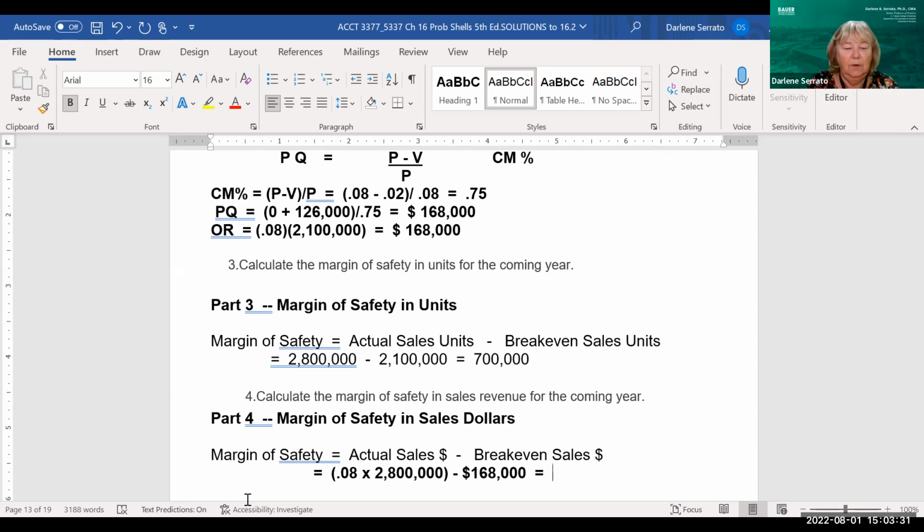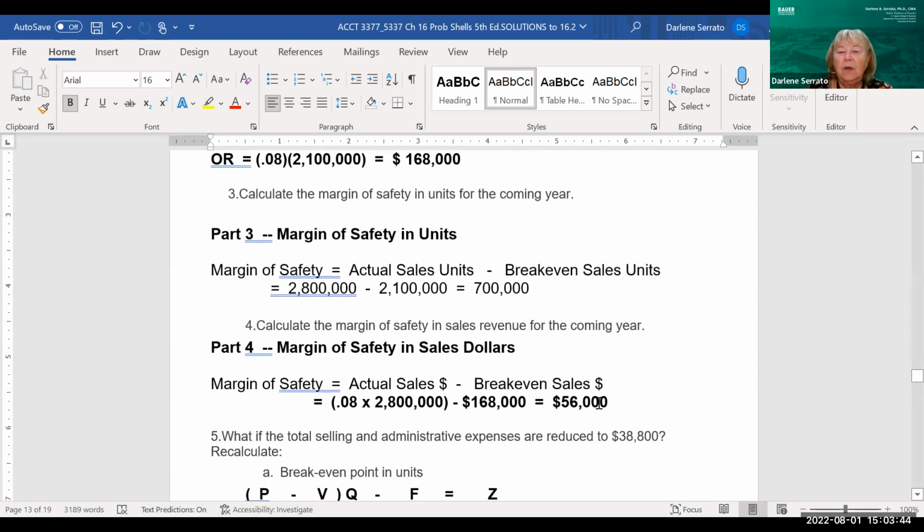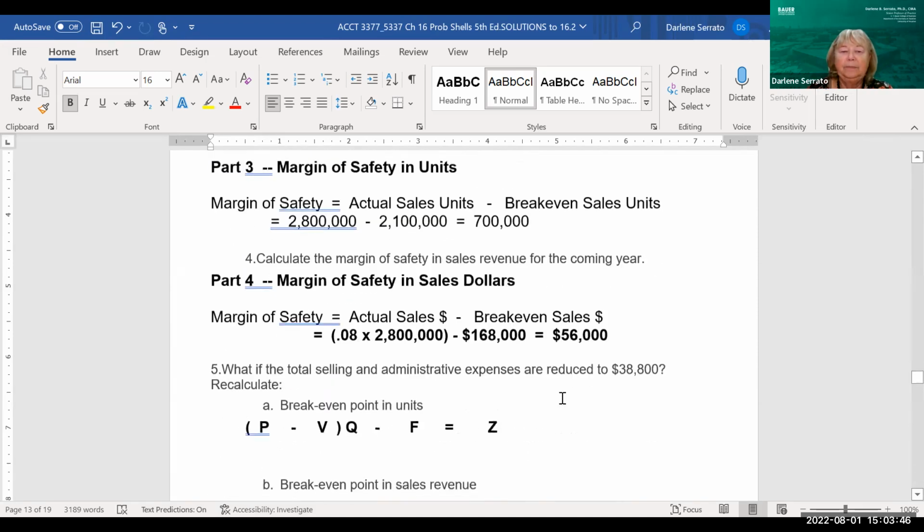And that should give you 56,000. Or you could have done 700,000 units times the selling price per unit of 0.08, and that would also give you the sales dollars.